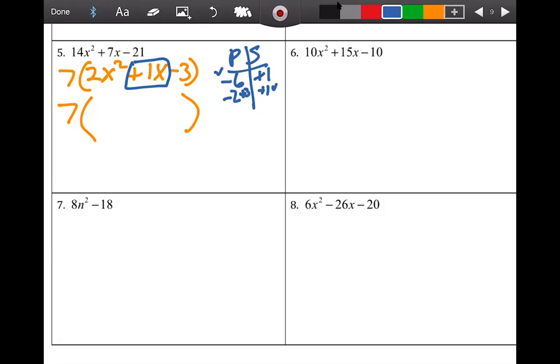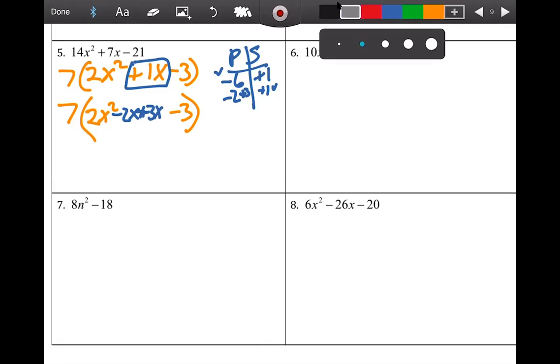We're going to replace the plus 1x with our product sum here. So that's minus 2x plus 3x. You could switch the order on those two terms if you wish. It does not matter. We'll go with this order.